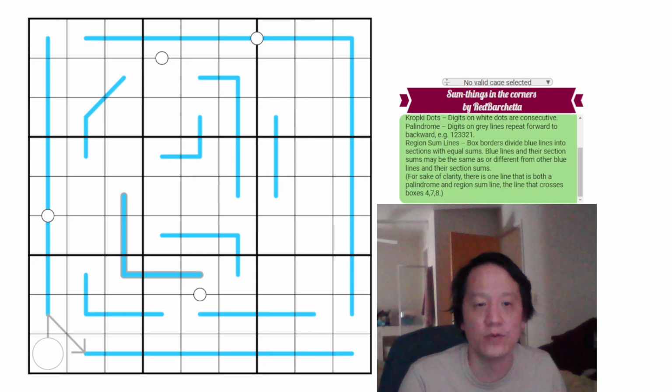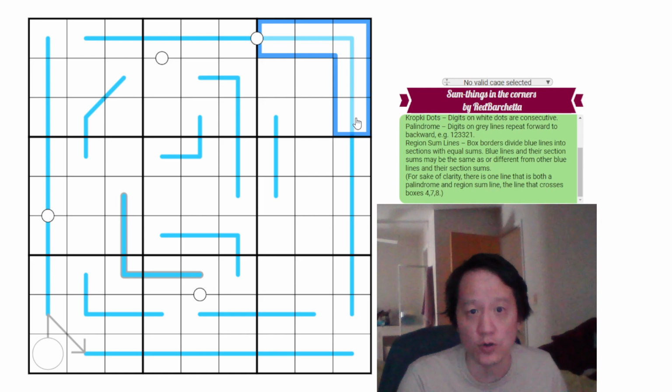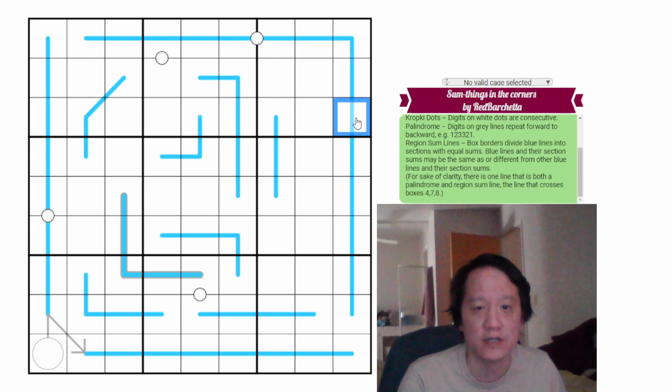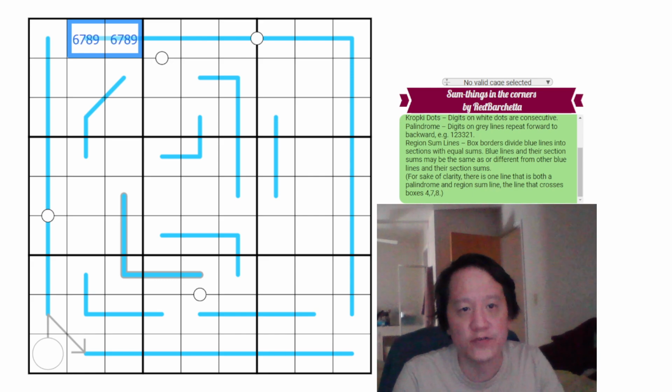Let's go. Okay, so if we're going to look at this one, we know that two digits can be at most 17. We know 5 digits has to be at least 15. So this number is from 15 to 17. So we know this is at least 6, 7, 8, 9.